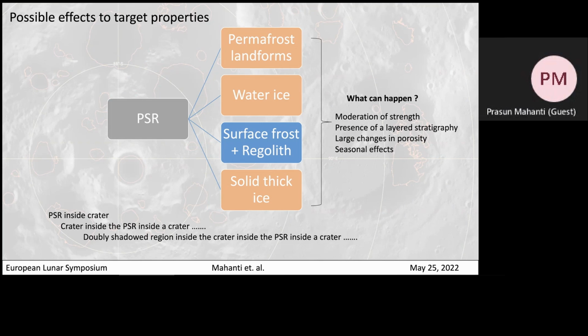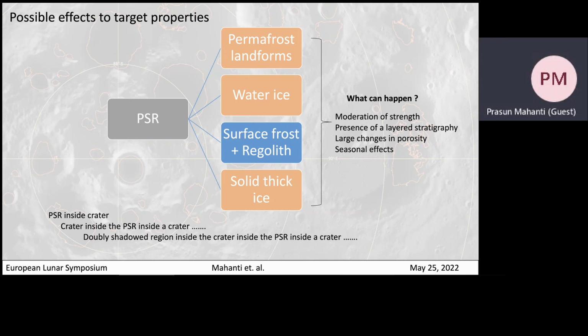Now, at the PSRs, and at this point I'm strictly confining myself not to other volatiles, but just water, water ice and surface frost, there can be an effect on these target properties due to the really low temperatures, right? We could have permafrost-like landforms, which are really hard, and we can actually have water ice.